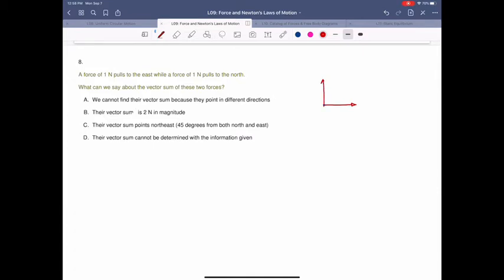So if I'm careful enough, I'll draw this arrow the same length as this one. Let's call that force F1, which is a 1 Newton force. This is F2, which is also a 1 Newton force.